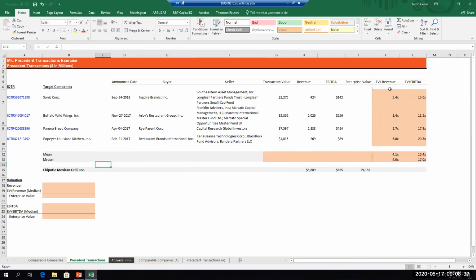Now we want to apply our revenue number and our EBITDA number to the median multiple. Again, we have not done any benchmarking, so we don't know if using the median makes the most sense here. But we're going to go and do that anyways.